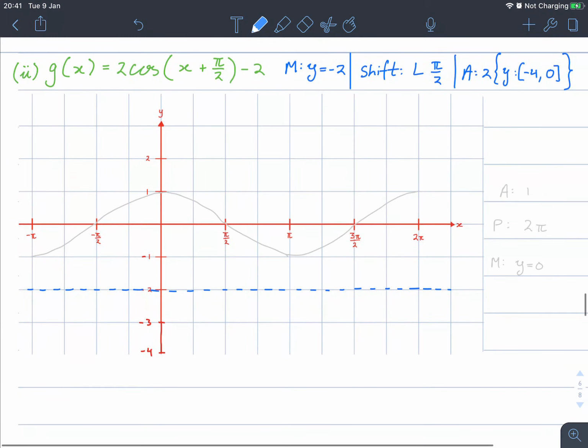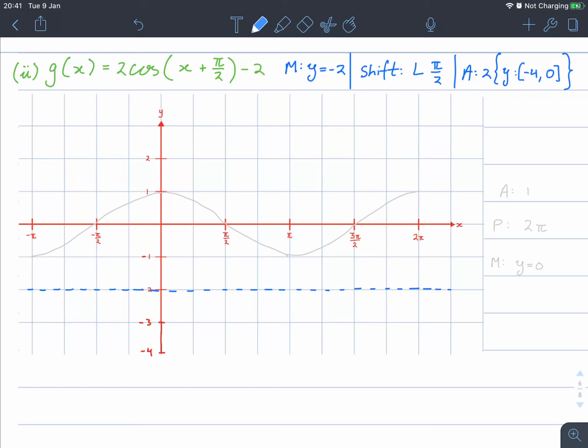Combining all these points, the shift to the left, the highest and lowest points, and the mean value, the function now should look something like this. If it's starting here, it'll be shifted to the left along here, so it would have been here, but the amplitude pushes it out to 0.